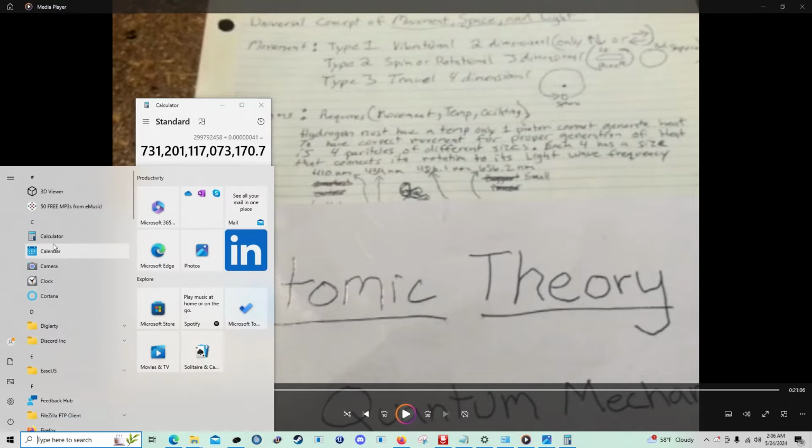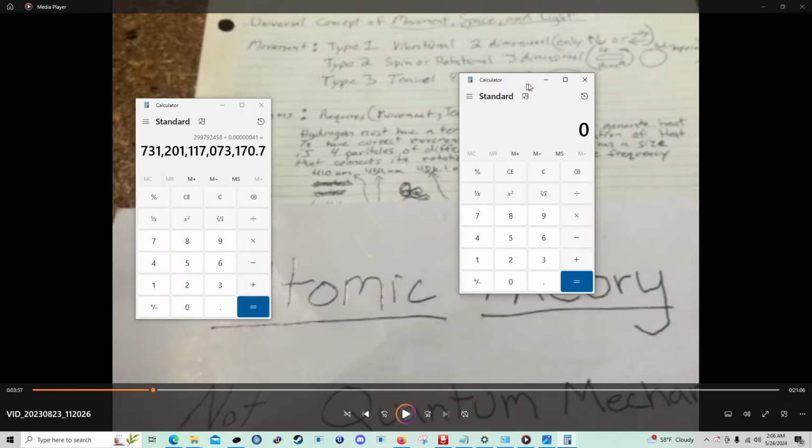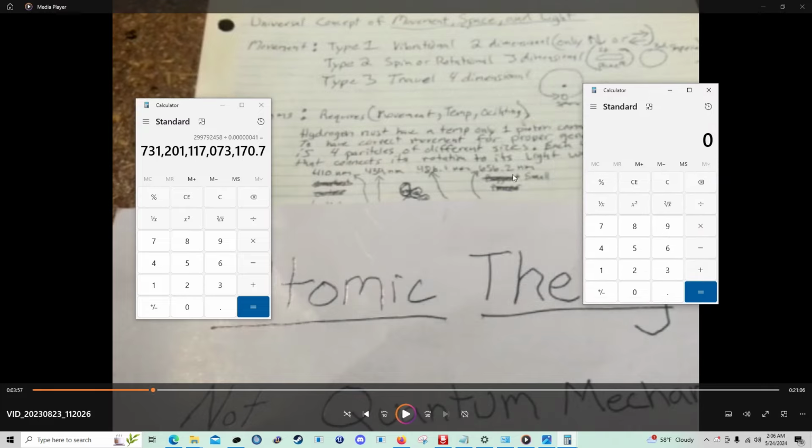Now we'll do this with another wavelength. We take 299792458 divided by 656.2 nanometers, and that equals this.